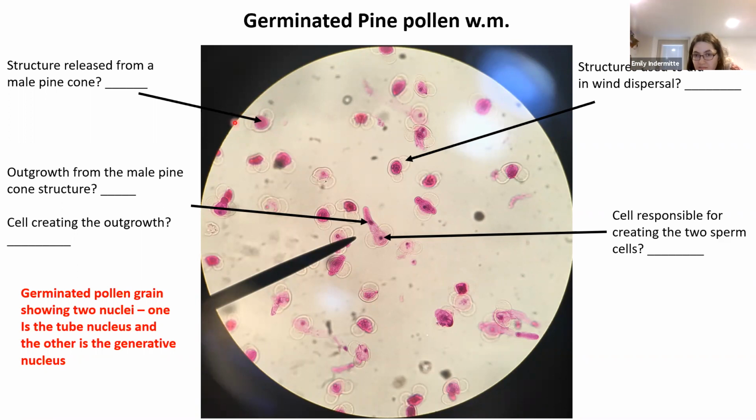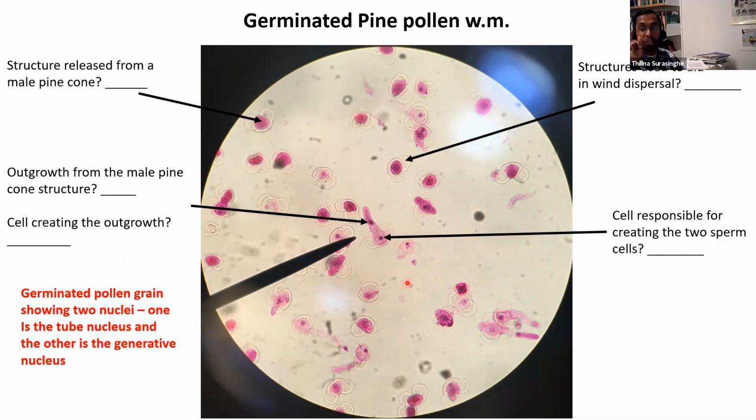The cell that is responsible for creating sperms, there are only 2 cells inside, and this is what? This particular cell inside the pollen grain. Starts with letter G.